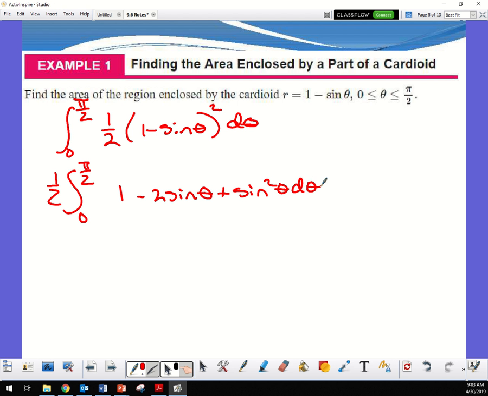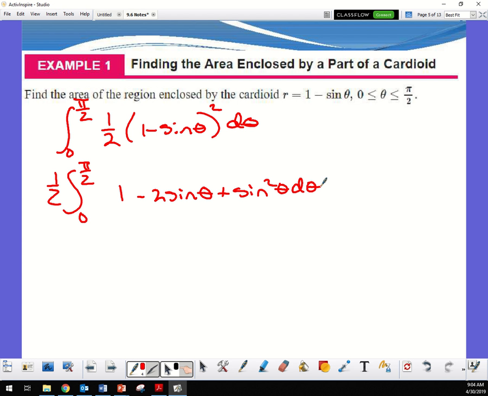And this thing is not going to be pretty, because that sine squared, what would we normally do if I saw a sine squared? Isn't that like a chain rule type thing? Whenever we see a chain, we try a u sub.